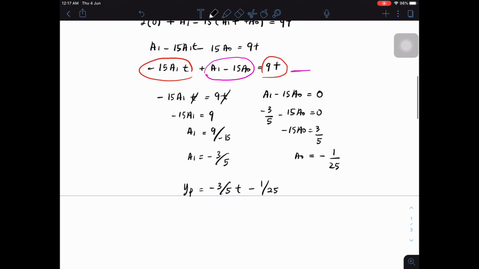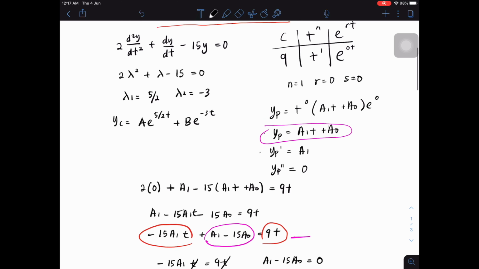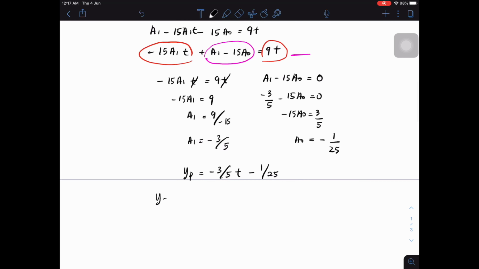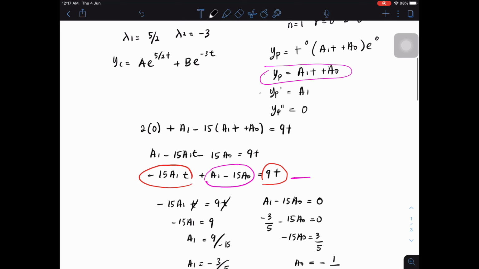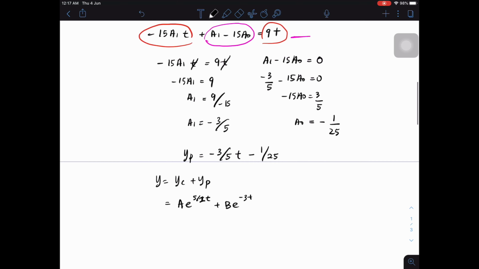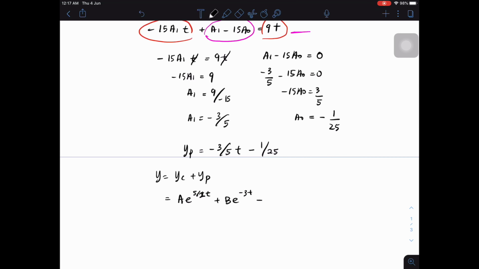We already have yp, and we also have our yc. Therefore, our solution is y equal to yc plus yp. Our yc is a e^(5/2 t) plus b e^(-3t), plus yp here, negative 3 over 5 t minus 1 over 25.